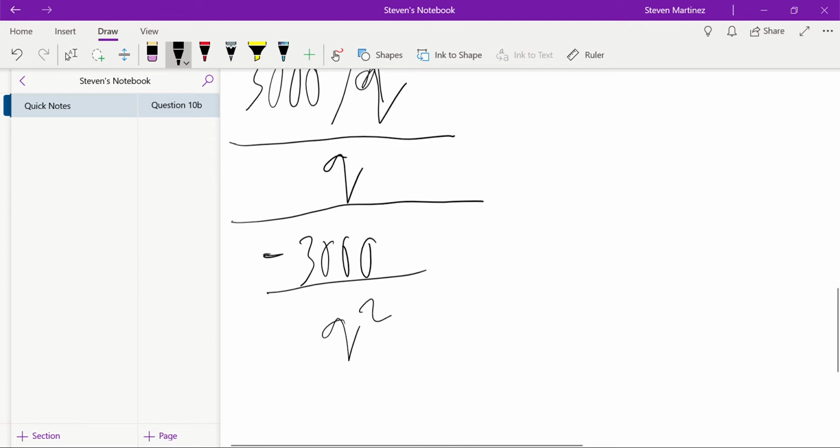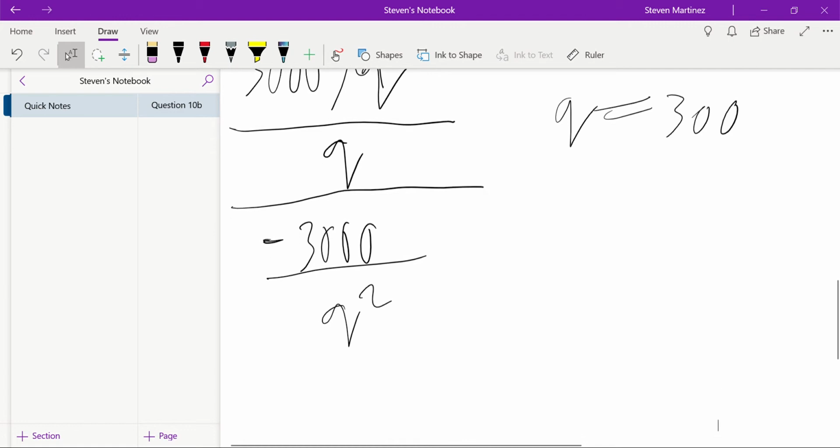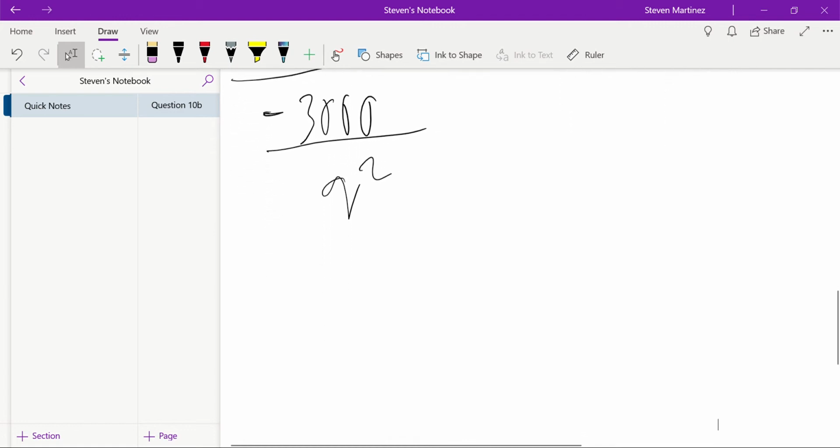So they give us the Q, which is equal to 300. So now we're going to plug in that Q to see if our demand is elastic, inelastic, or unit elastic.